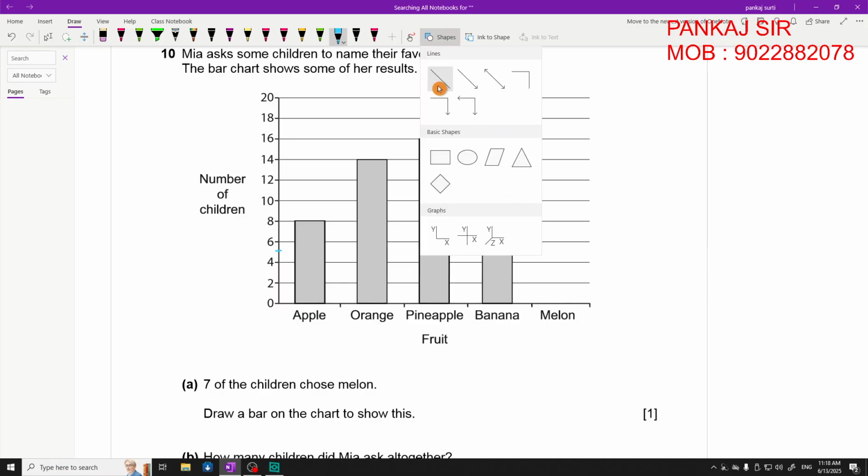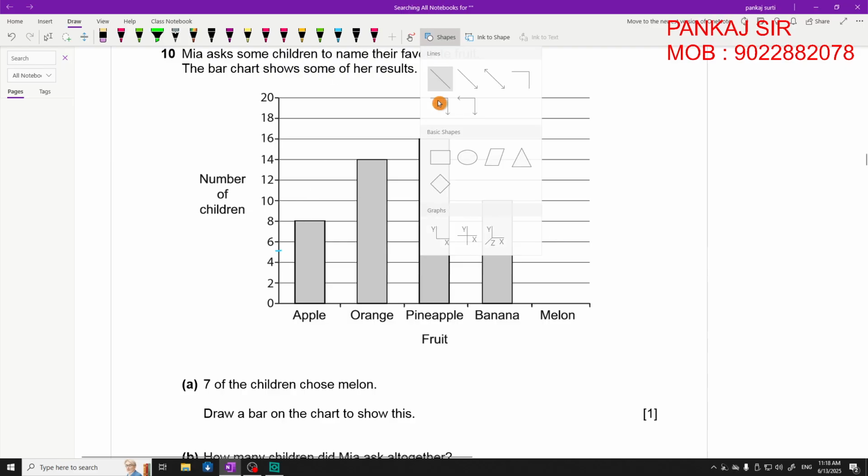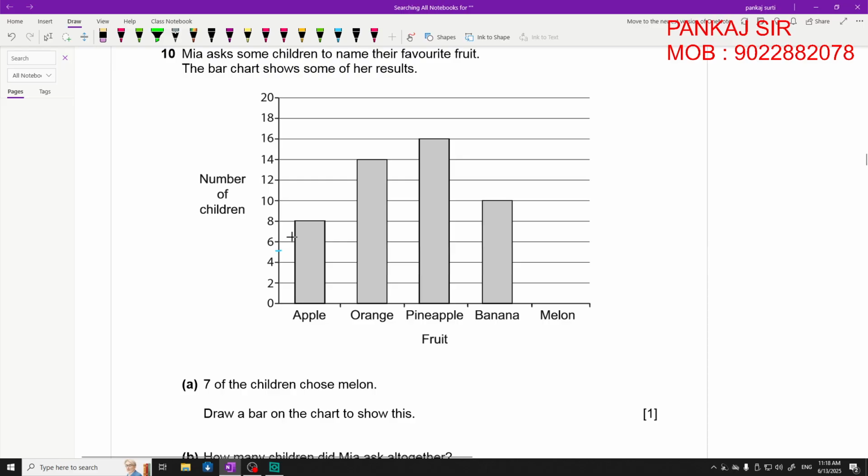Again, 7, right? So 7 should be somewhere over here. From here, 5, and then again complete the rectangle.